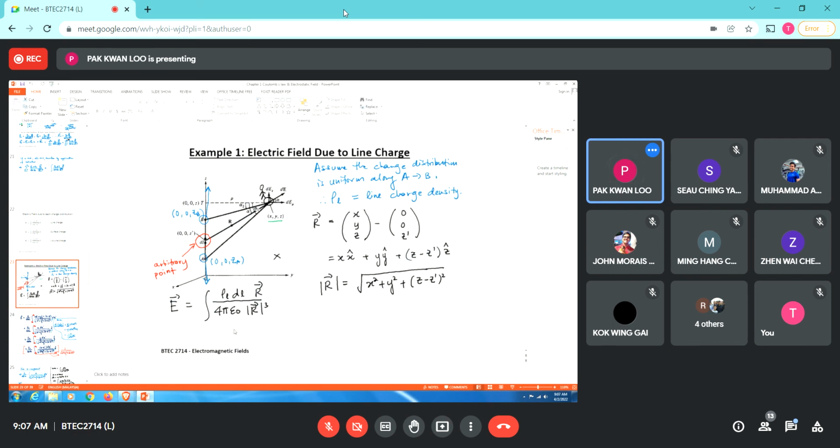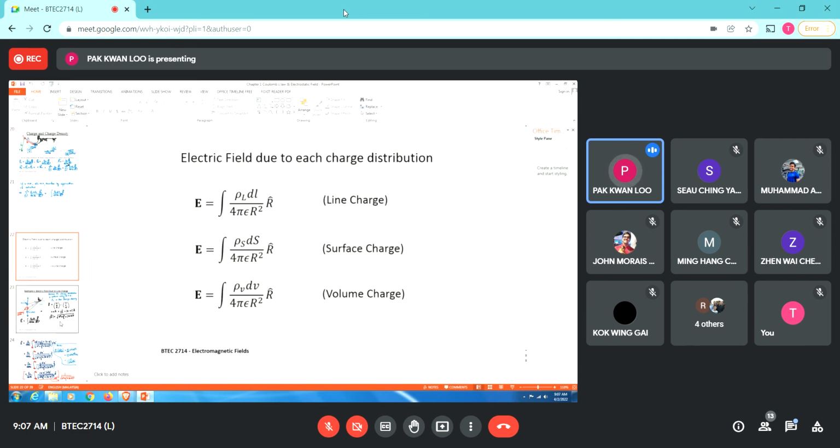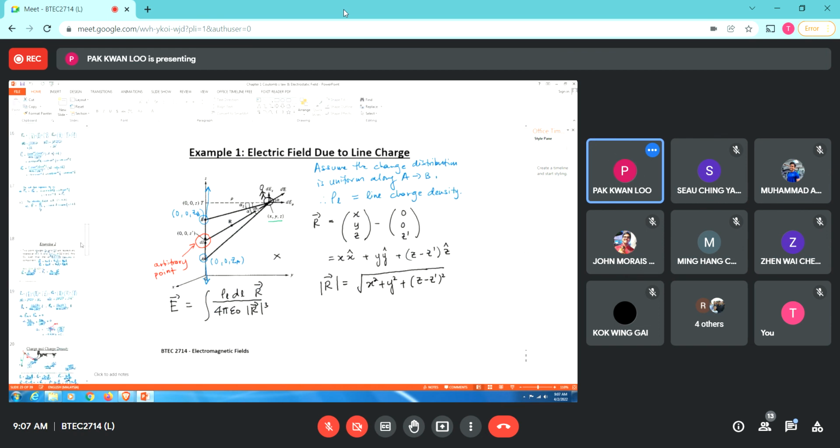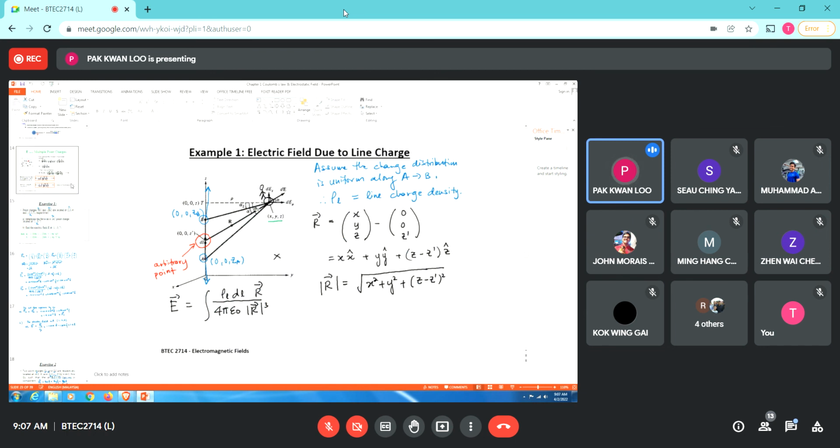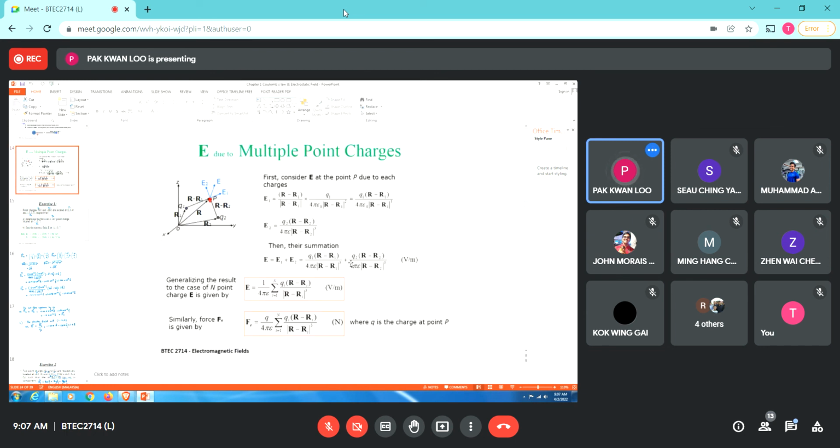So first is this concept of integration here, because before we come to here, all other calculation is based on a single point charge, one to one or many to one point. So we are calculating at a point. For example, for these slides here, we have different point charges in different locations, and we want to find the electric field at a point.